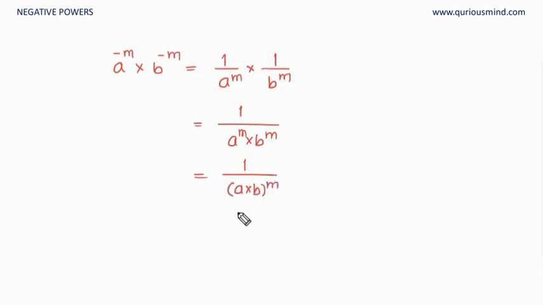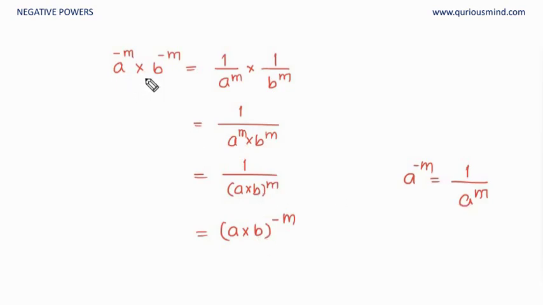Now, using our earlier rule, which is a raised to minus m is equal to 1 upon a raised to m, what is going to happen here? This is the same as a into b raised to minus m. Because instead of a, if I have a into b, then here also a into b.